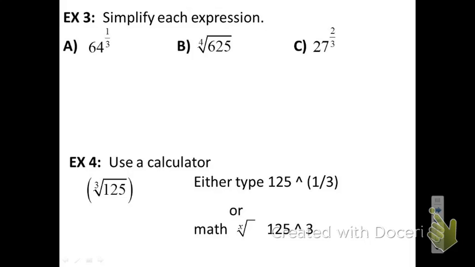Yep, right here. So the next example says to use your calculator. So you can either type on this one, remember that we can rewrite this as 125 to the 1/3, so you can either type that in your calculator as 125 raised to the 1 divided by 3, or you can even type right here alpha y equals and choose a fraction, or you can press the math button and then select this.